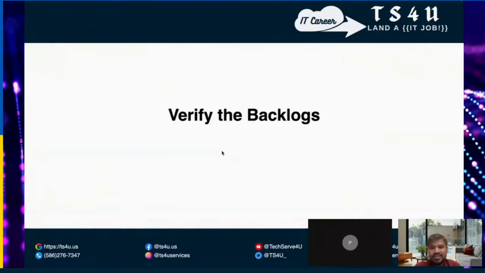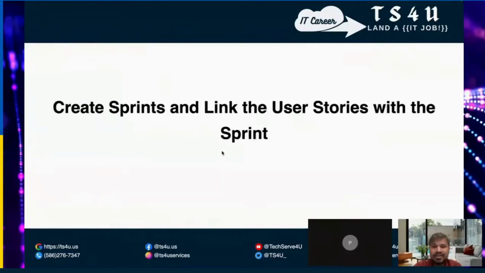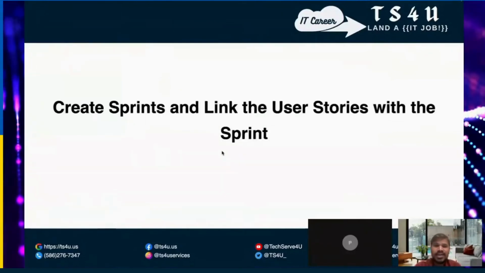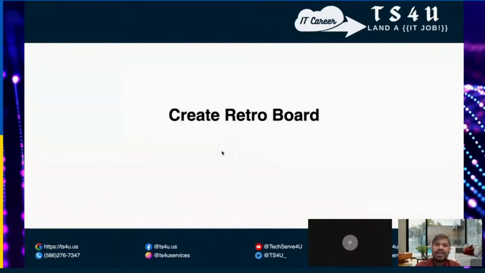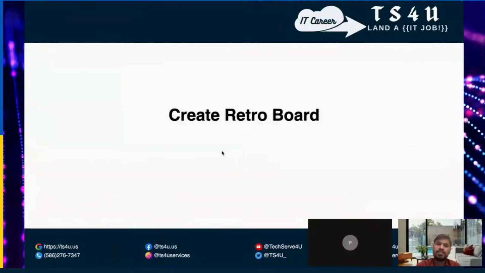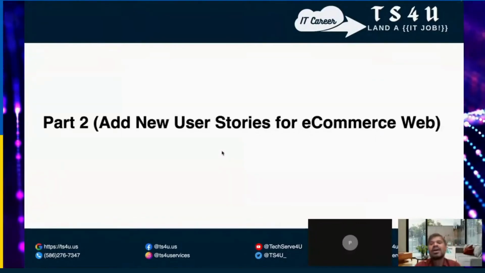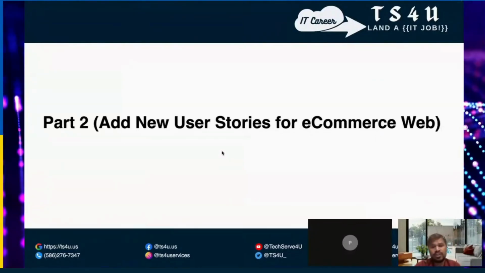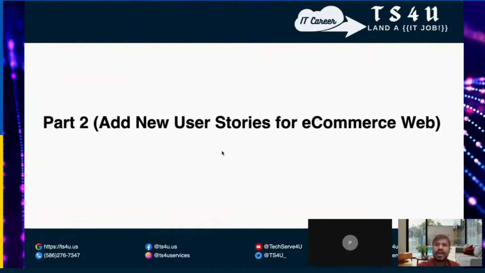We have not done this. We have to verify the backlog. We created the feature, we created a sprint and this user story, and then created a team and invited the team members. We did not create the retro board because the sprint just started. And next Saturday we will work on the user story within the same sprint. I think that should be it.